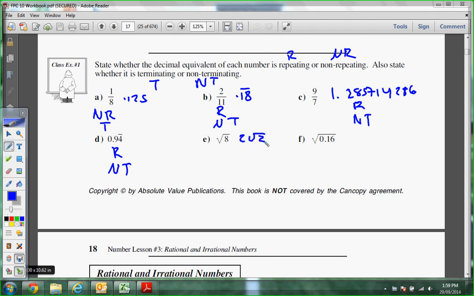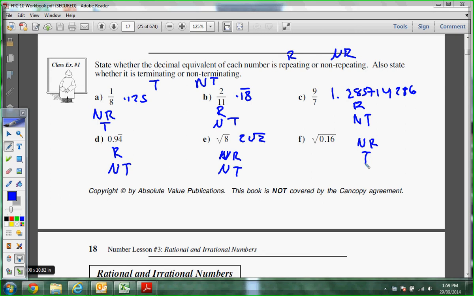Well, it's got a root 2, which is going to make it non-repeating, non-terminating, because root 2 is an irrational number. The square root of 0.16 is going to give us non-repeating and terminating. Very good.